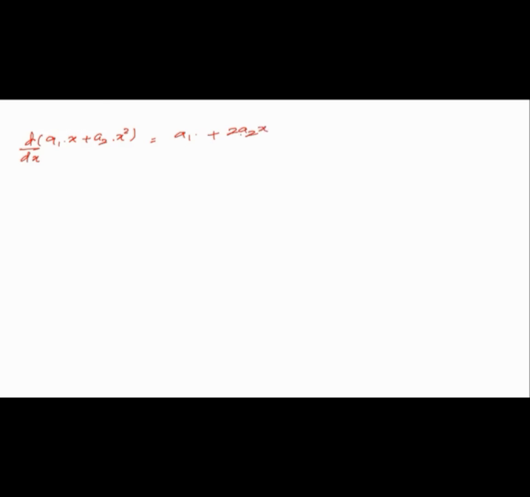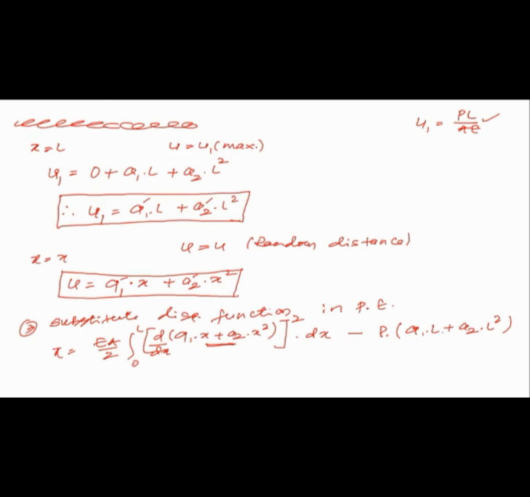Therefore, it is a1 plus 2a2x. Now I need to substitute this value in the PE function. So Pi is equal to EA divided by 2 integration 0 to L of a1 plus 2a2x whole square into dx, minus, now what I have is P into this term.